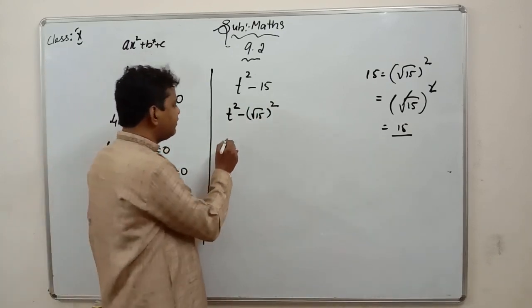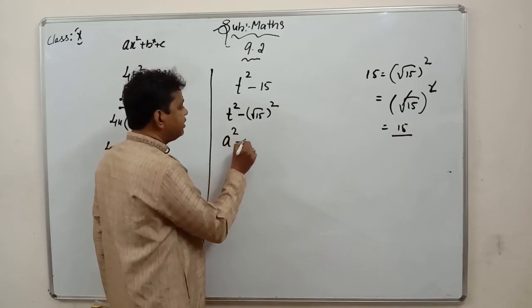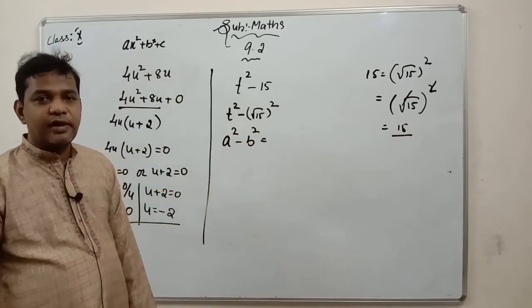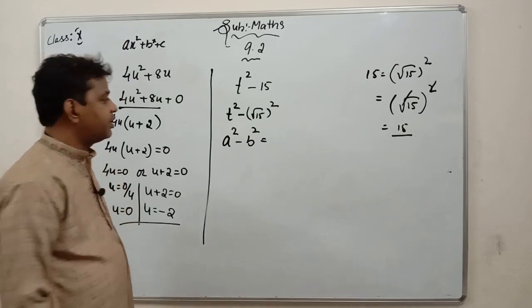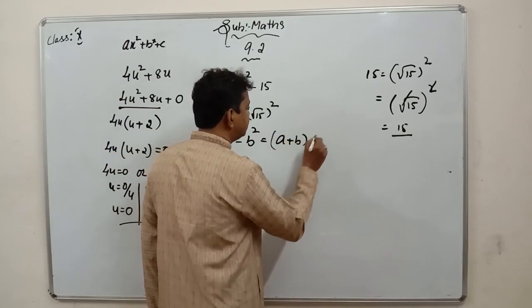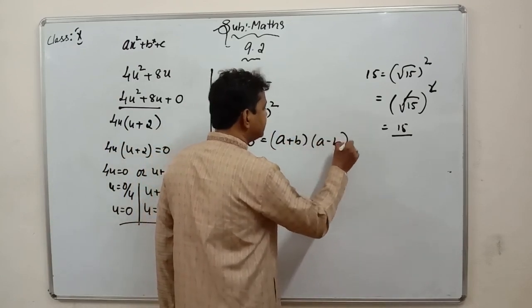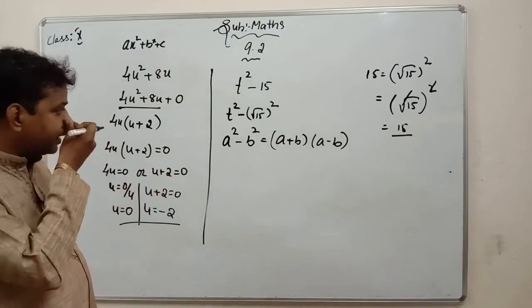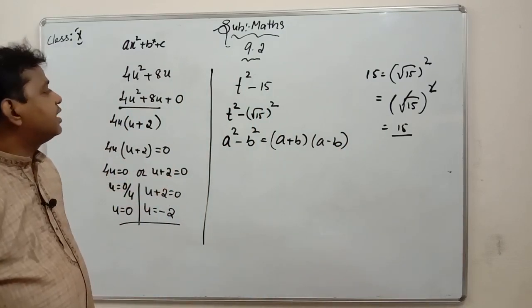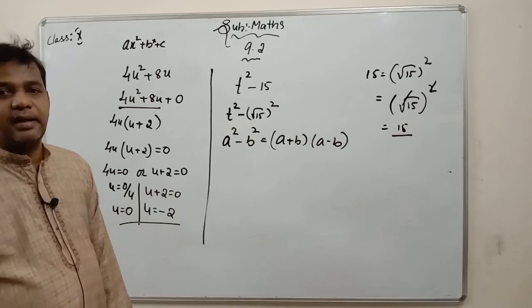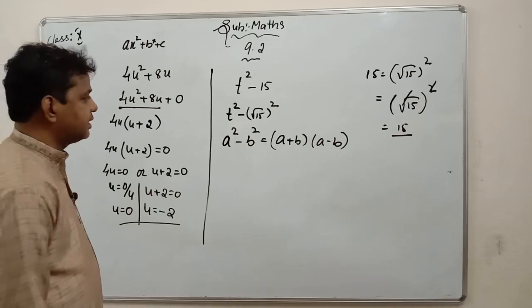It is in the form of a square minus b square. So what is a square minus b square? It can be written as a plus b into a minus b.